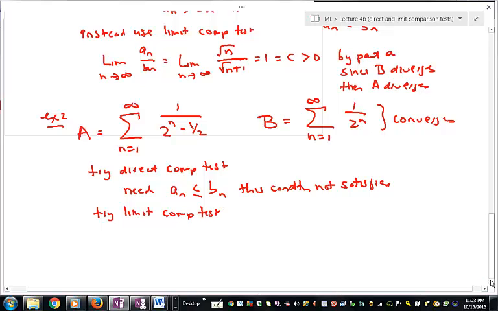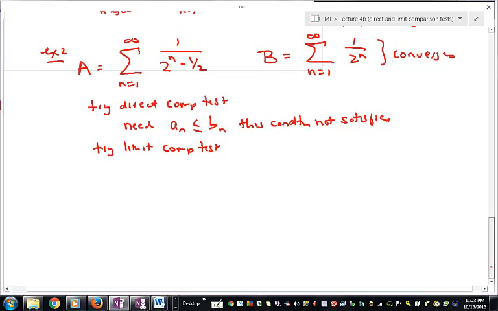I'm going to go ahead and take the ratio. It doesn't actually matter, well, okay, I'll do it in the right order. As long as we're careful, it really wouldn't matter. But when we look at the ratio of an over bn, this is going to be the limit as n goes to infinity of 2 to the nth over 2 to the nth minus 1/2. And again, we see that's going to go to 1.